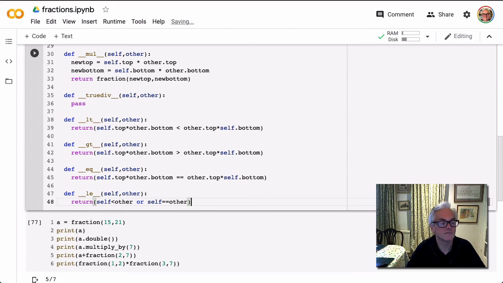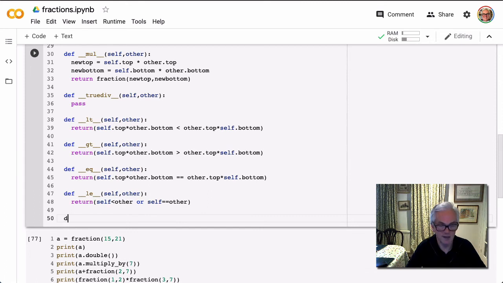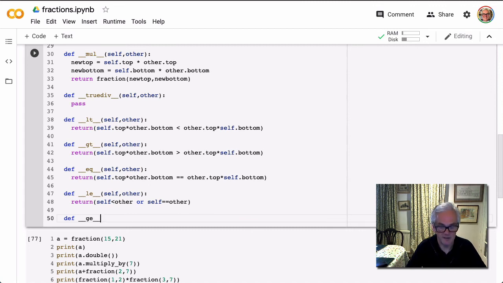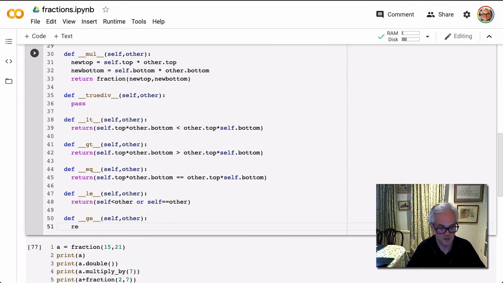And I can define greater than or equal to for the same thing, self comma other, to be much the same. So I'm going to return, there are other ways to do this, it's occurring to me now, whether self is greater than other or self equals other.